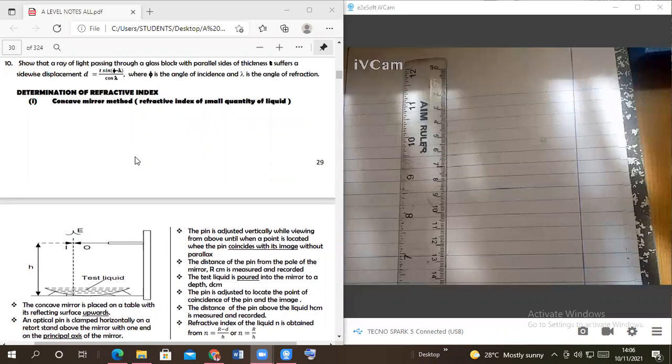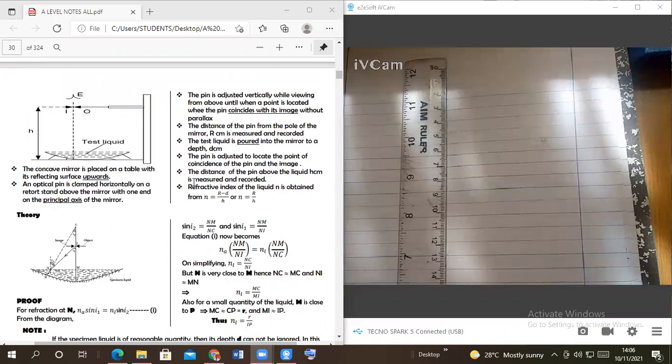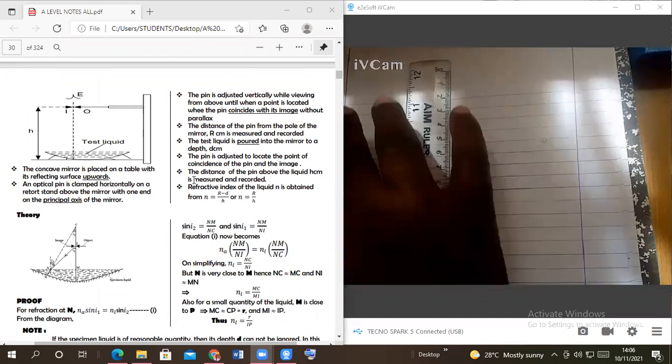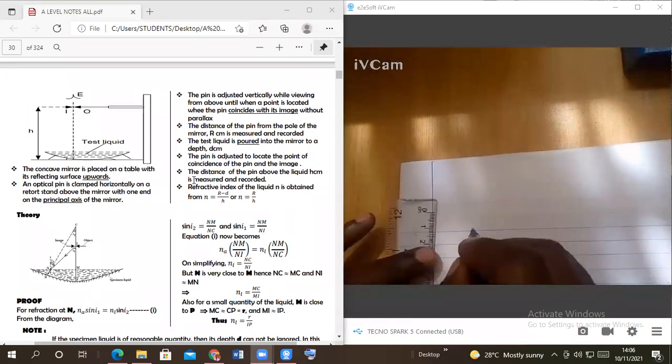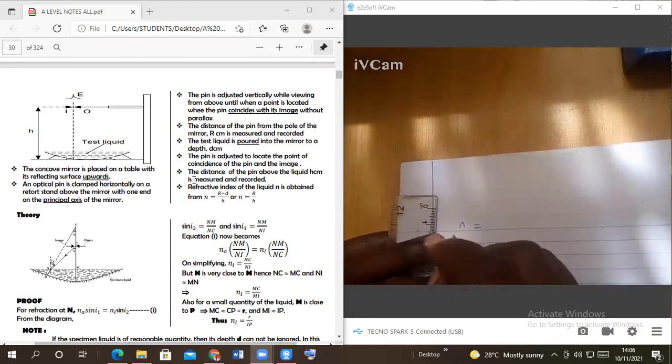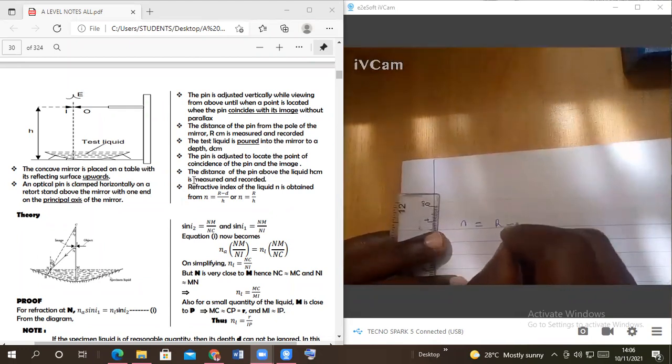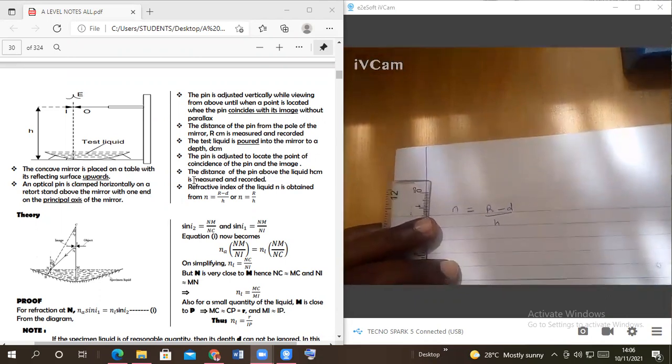That's the last chapter that we looked at. And we say that the refractive index using the concave mirror is given by n, standing for refractive index, is equal to (R minus d) out of h. R minus d out of h.